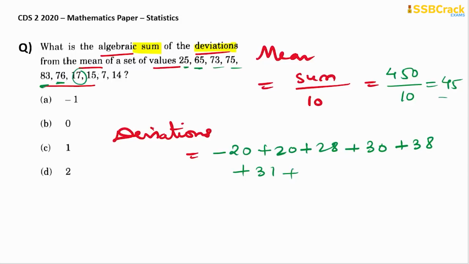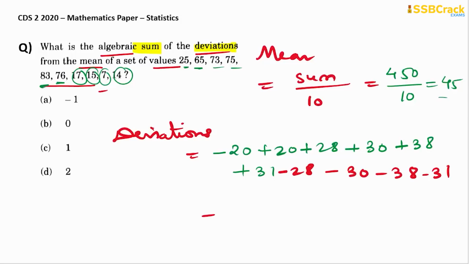Now you could see that these remaining observations are smaller, so the deviations have to be negative. So 17 minus 45, the difference is minus 28. Then minus 30 because 15 minus 45. Then minus 38 for the difference of 7 and 45. Then we have minus 31.